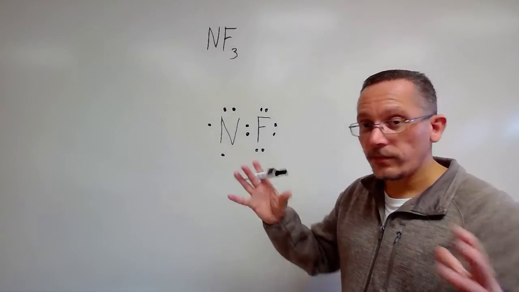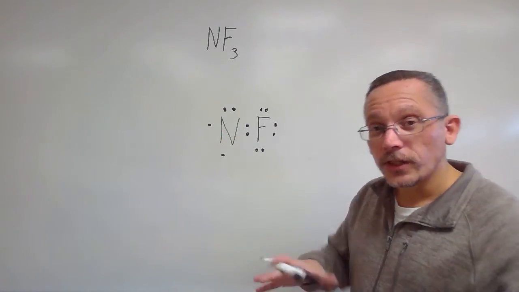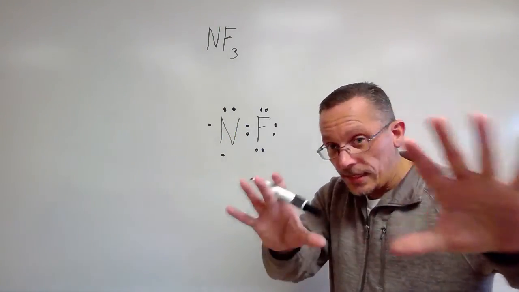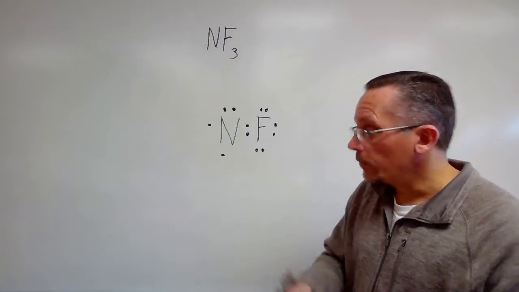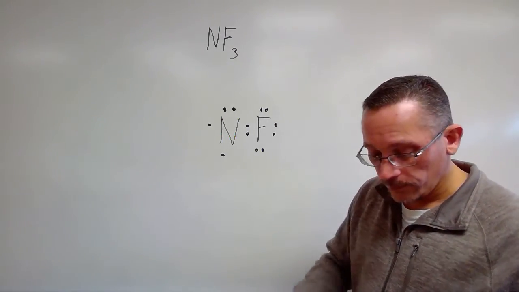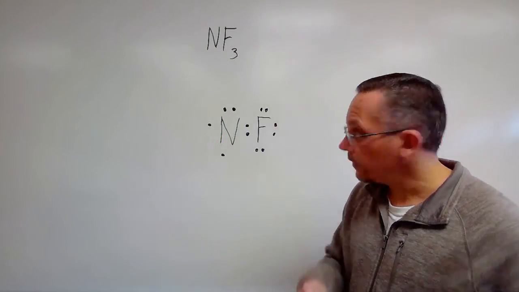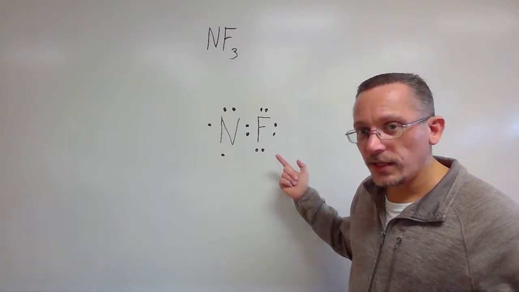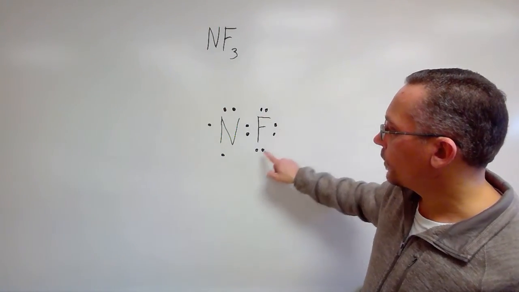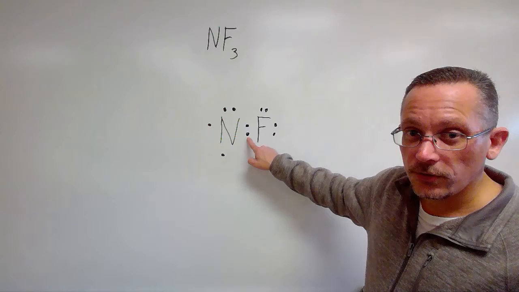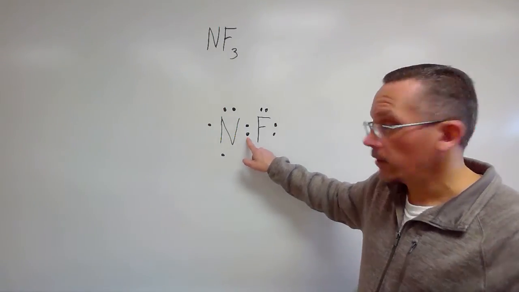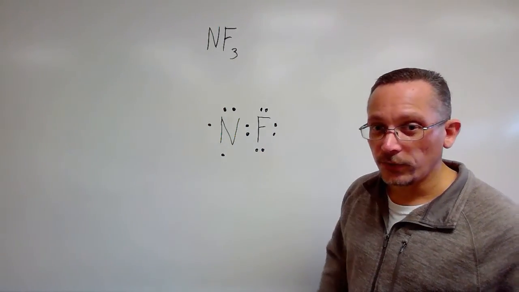Now remember, all the different atoms, except for hydrogen, are trying to get 8 valence electrons around them. Now look at my fluorine. We put 7 dots around it, but how many dots are around it now? 2, 4, 6, 8. You can see these 2 dots are being shared between the nitrogen and the fluorine.